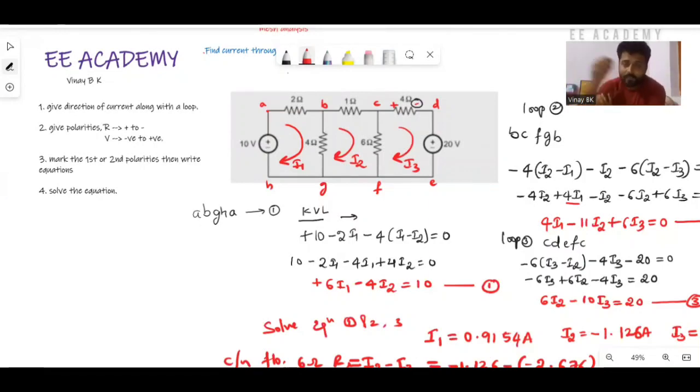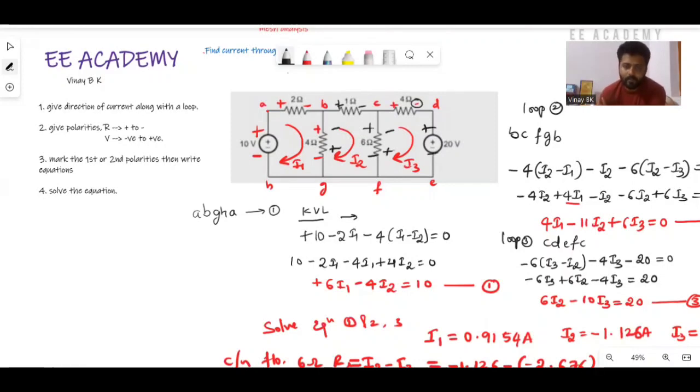Once after giving the loop direction along with the current, give polarities, minus and plus, for the voltage sources. Here from A to B, current is flowing through a resistor from higher potential to lower potential, plus to minus. Similarly for loop 2, here plus minus, here also plus minus.